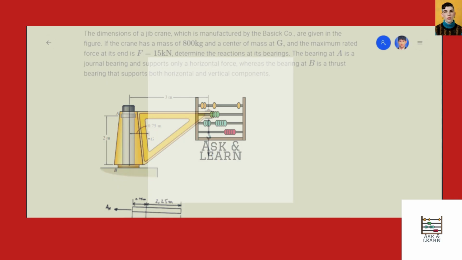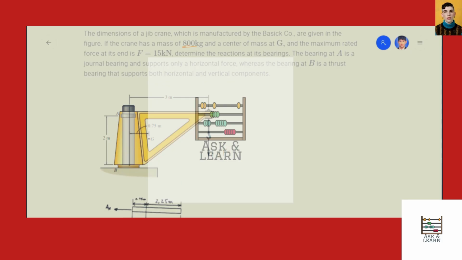Alright, so let's solve this engineering mechanics problem from statics. The mass of the crane is given here, which is 800 kg, and the force is given as 15 kilonewton.